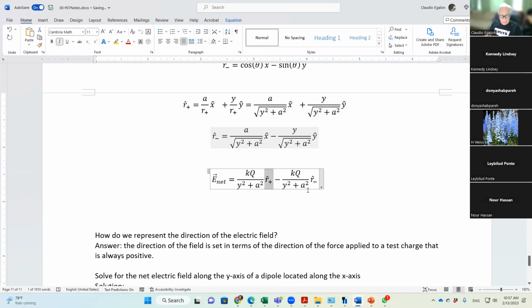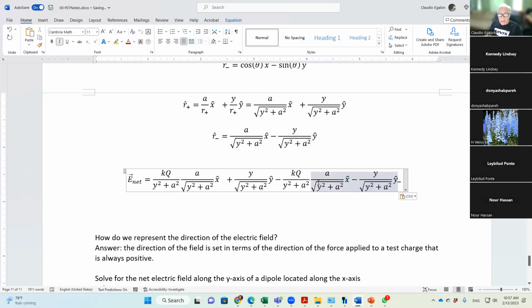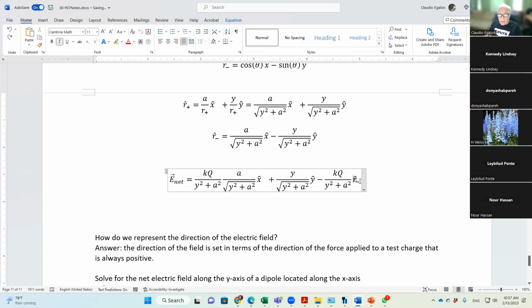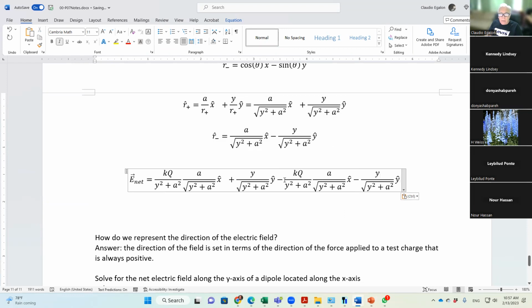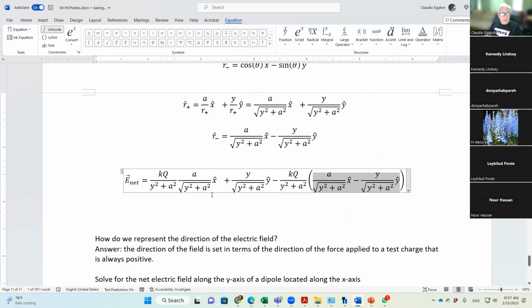That's the R plus, and that's the R minus hat. And don't forget, let's see here, let's do it again. Here you go, we got it. And then I'm going to put my parentheses here and parentheses here.